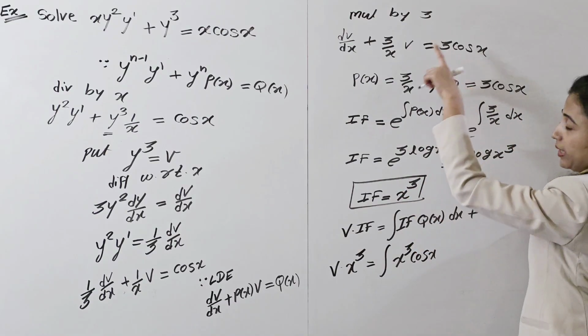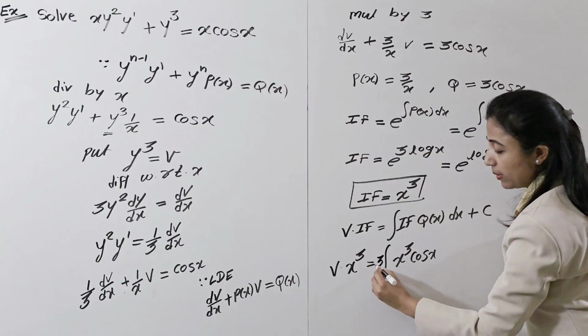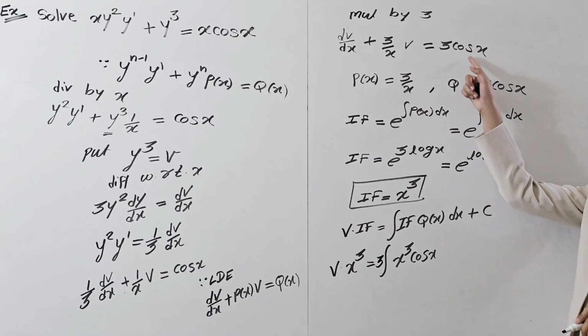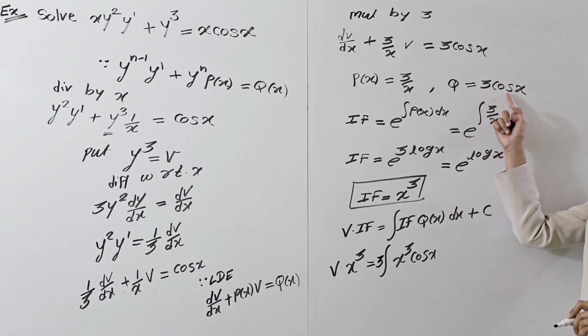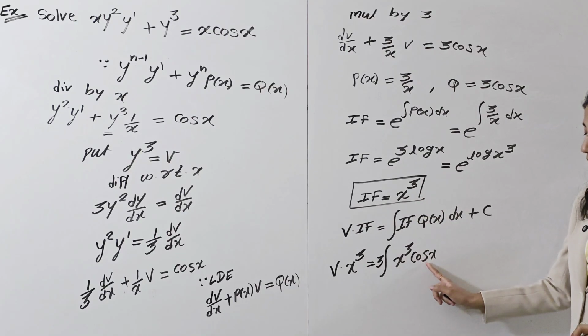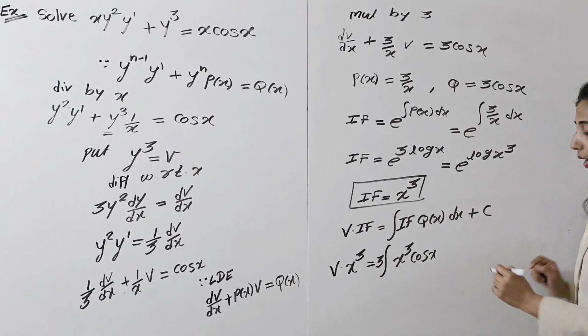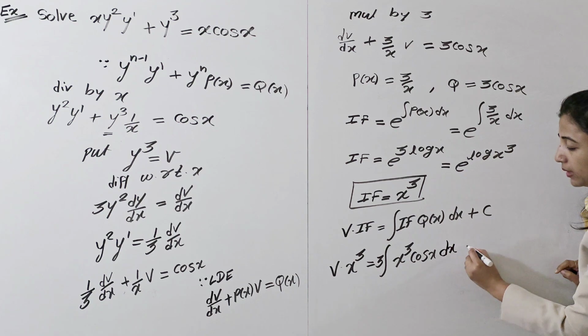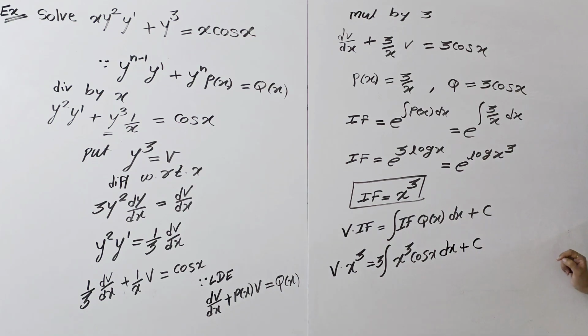The 3 I will write outside the integral because it is a constant, so x cube cos x dx, plus integrating constant c.